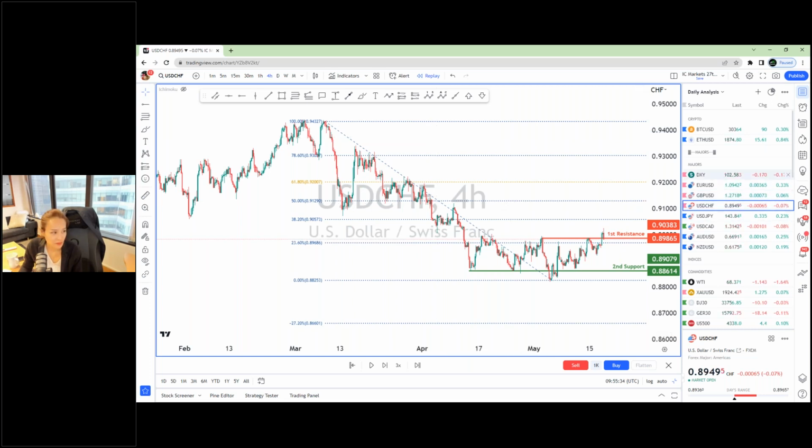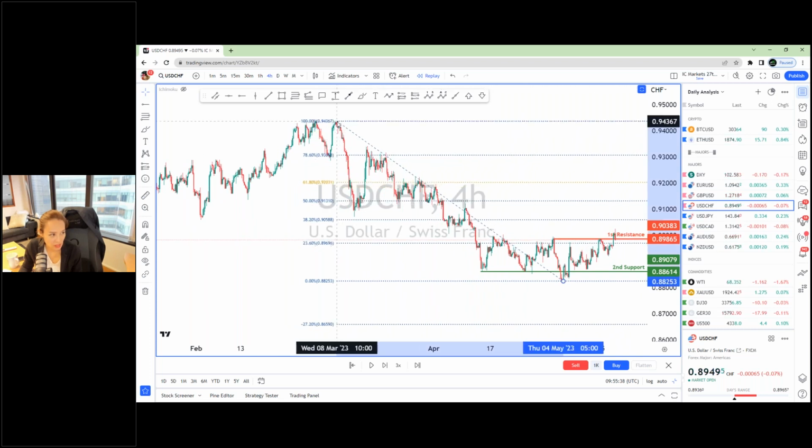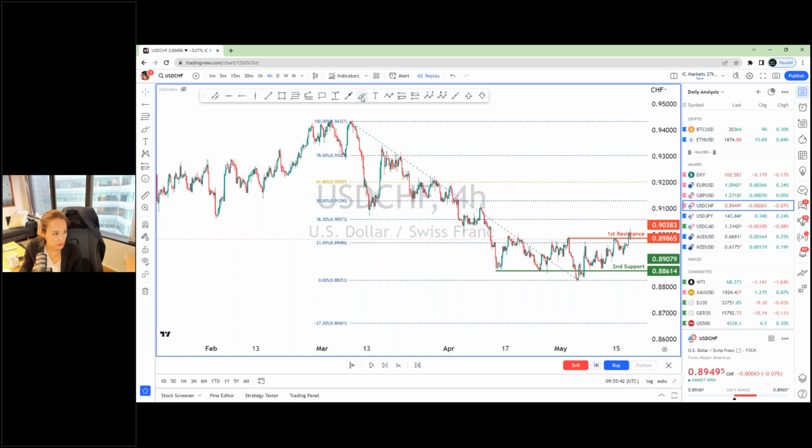So to me, I don't use this high. Why? Because you can see that here price has already retraced quite deep. From this one, you can see that it's already too deep. So I'm not going to use this level.